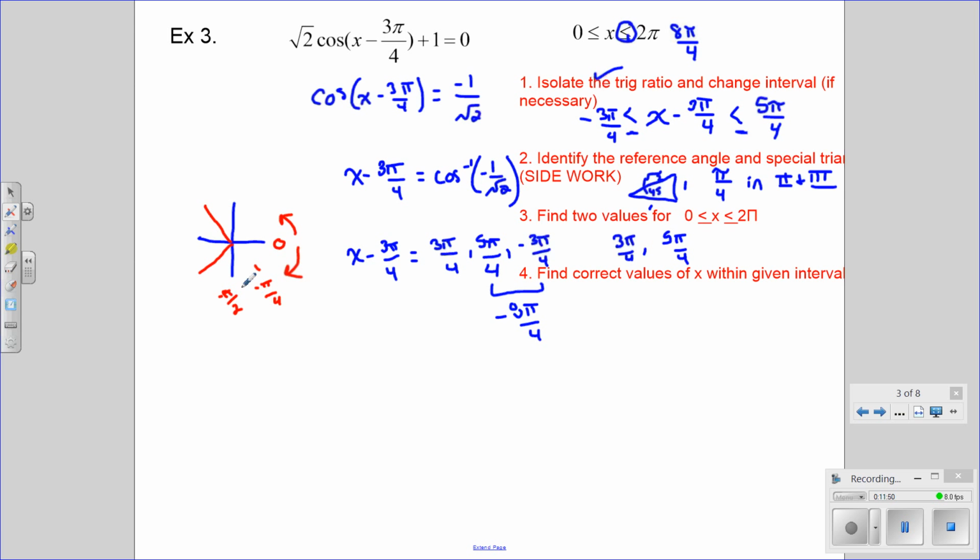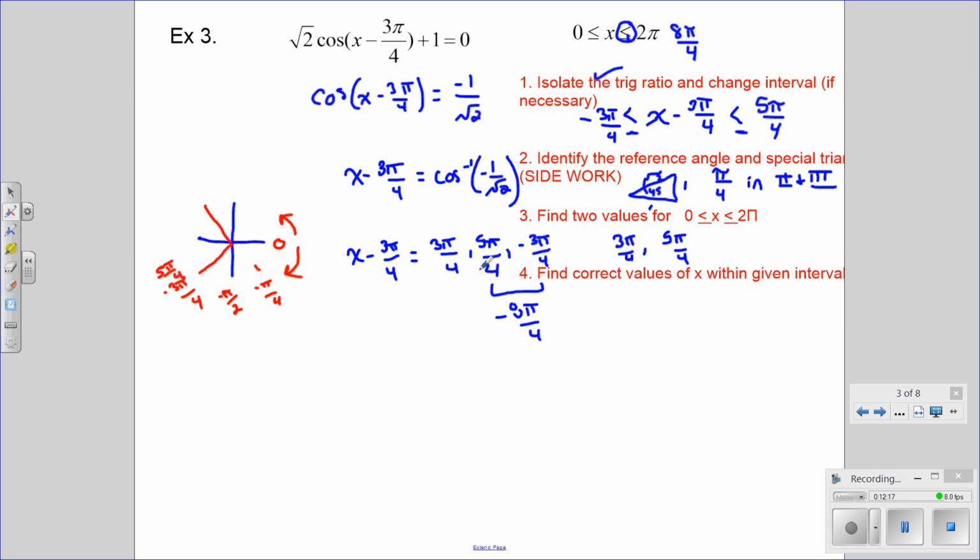And then here we'd have negative 3 pi over 4. So negative 3 pi over 4 moving in a negative direction is equivalent to moving in the positive direction to 5 pi over 4. So 5 pi over 4 and negative 3 pi over 4 represent the same reference angle in the third quadrant for cosine.